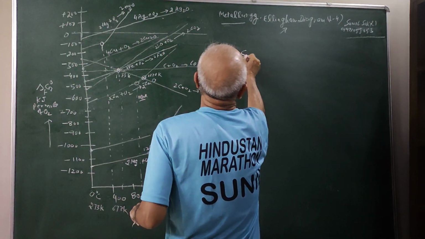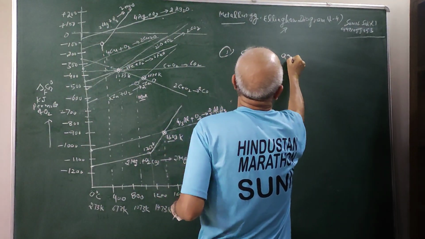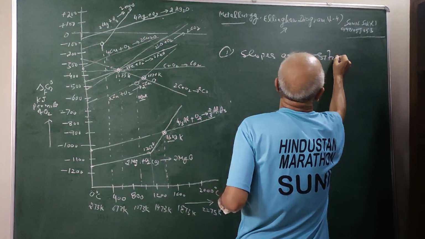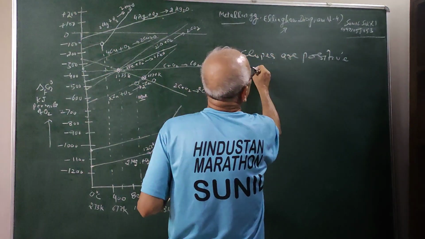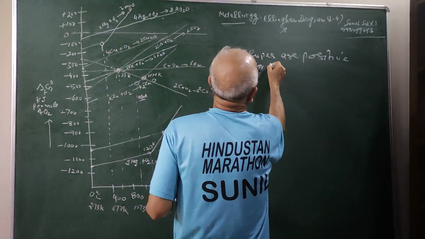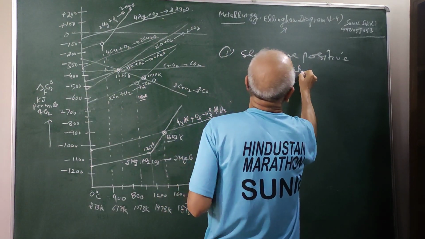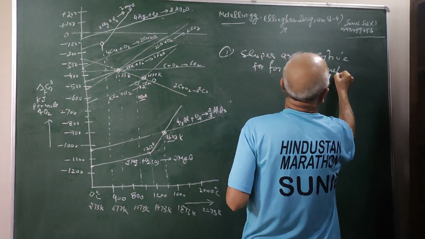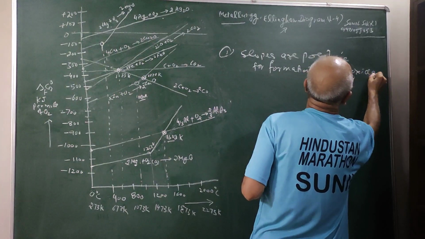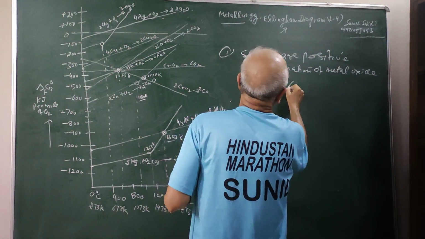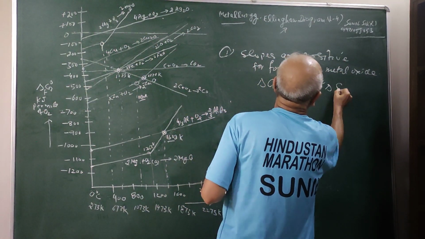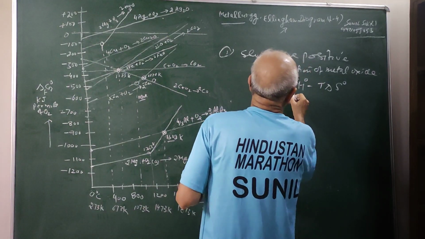So first, we said the slopes are positive, and we explained this. The slopes are positive for formation of metal oxides, and we said that it is an equation of a straight line, students.